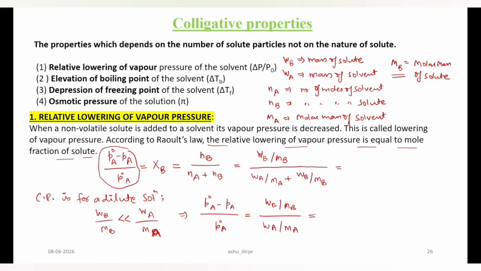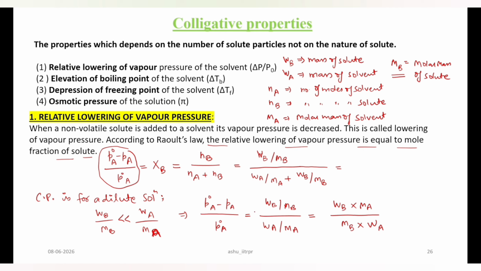If I rearrange it, I can write Wb into MA divided by MB into WA. Okay, so up to this point, there should be no confusion.